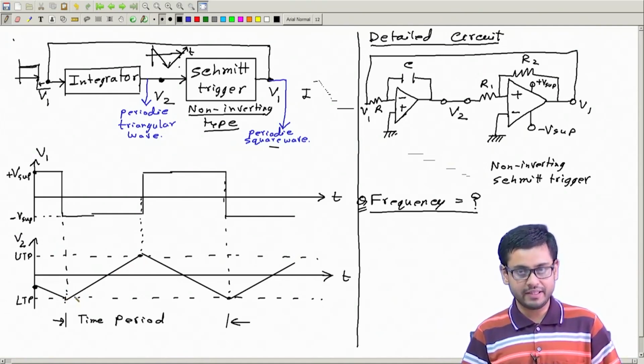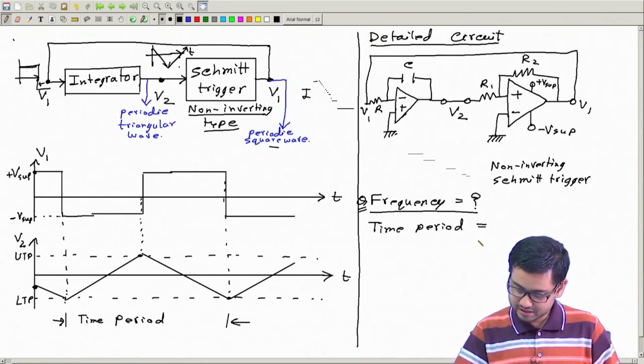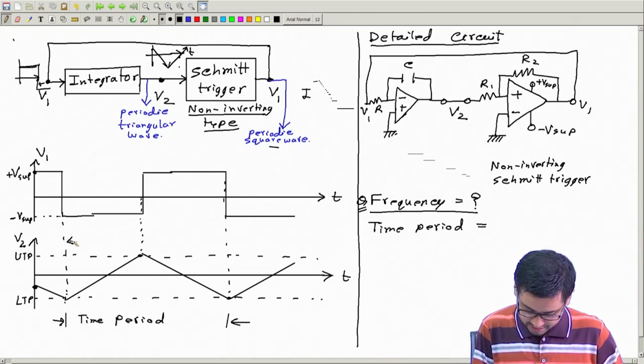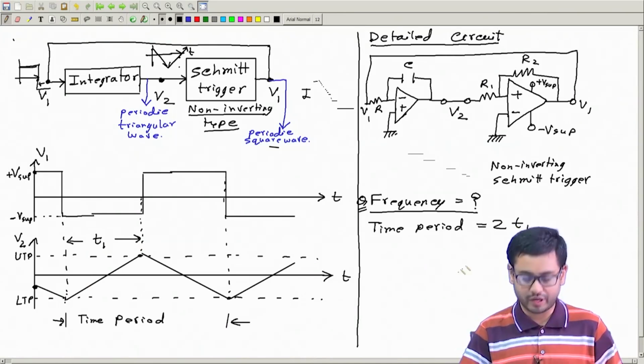From that we can find the time period. Let's write the time period, which is the same as, let's call this T1. So the time period is 2 times T1.